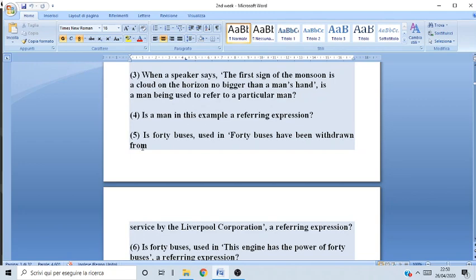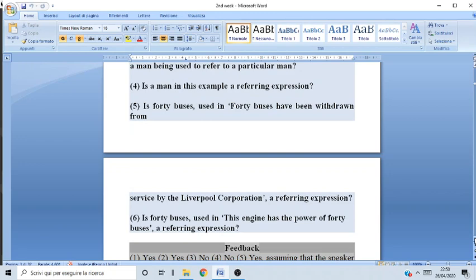In number five, 40 buses have been withdrawn. Yes, it's a referring expression because they have specific 40 buses in mind. And then number six, the engine has the power of 40 buses. No, this is not a referring expression because the speaker does not have a particular object in mind.